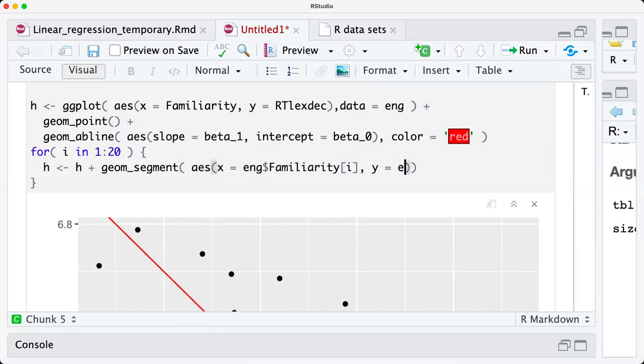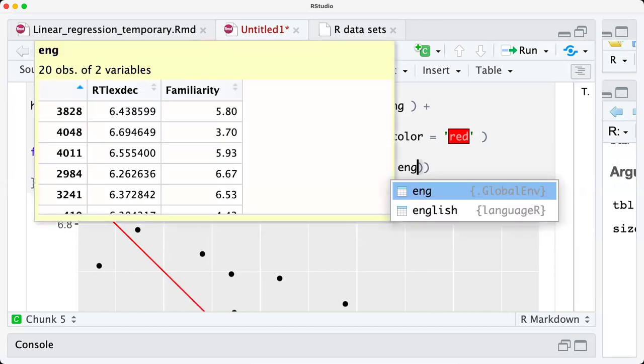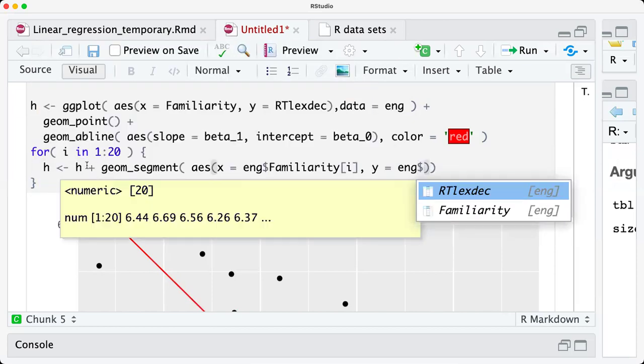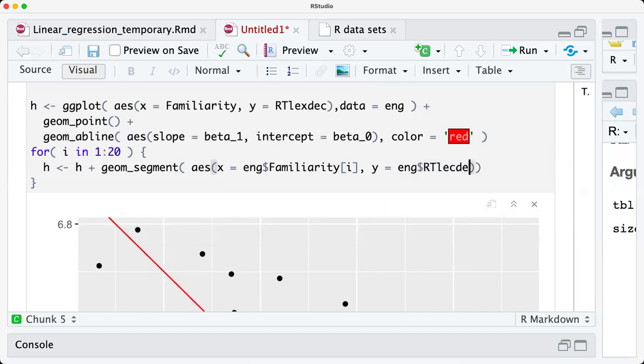So it is the English lexical decision time.